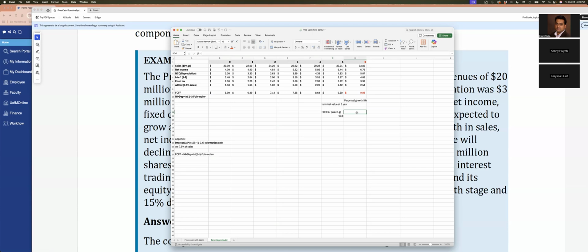So here the WACC permanent, WACC long, is 15%. Will you just zoom in on your spreadsheet a bit? Yeah, sure.